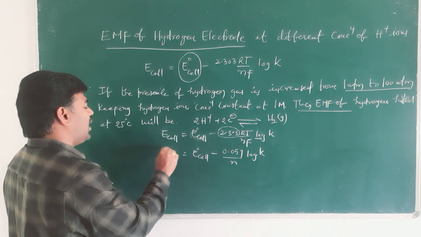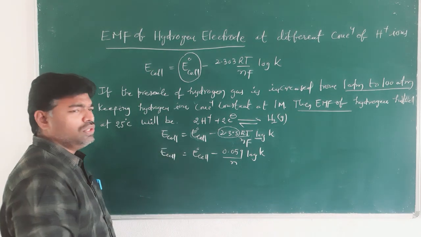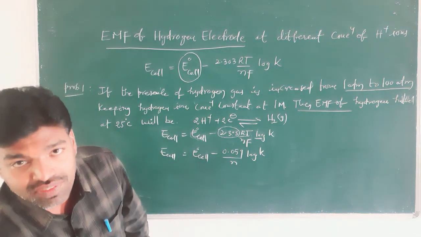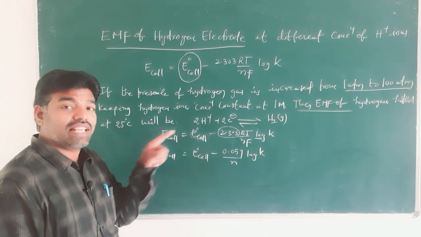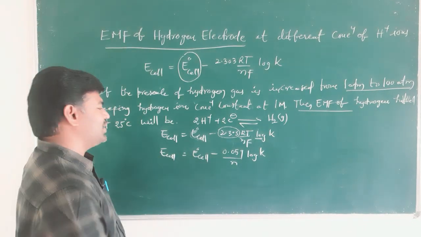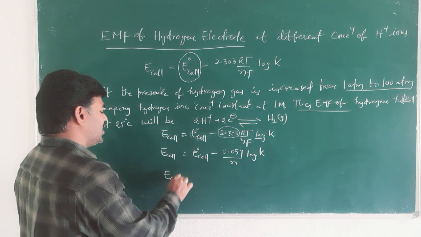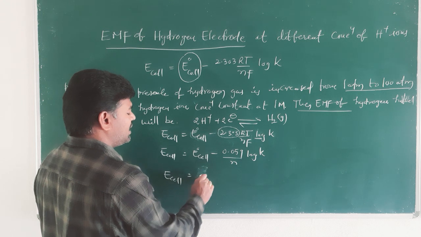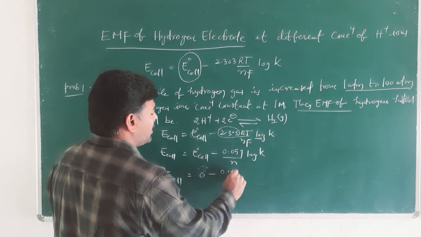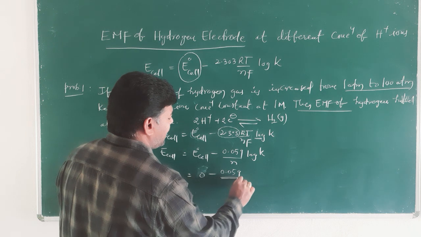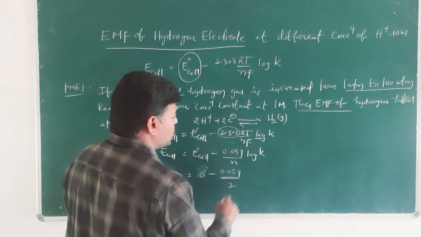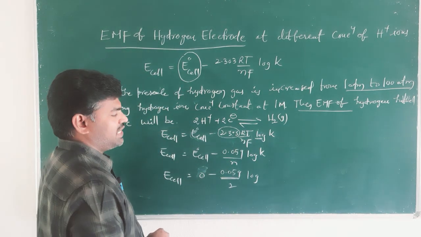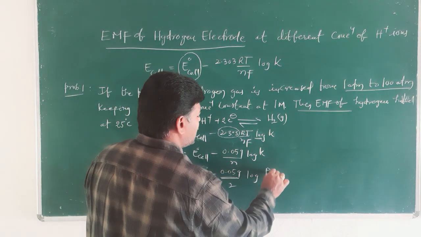Already I told you that the Nernst equation enables us to find the EMF of the cell by taking E naught cell as 0. So, E cell is equal to E naught cell, which is 0, minus 0.059 by n, where the number of electrons transferred is 2, log K, where K is the equilibrium constant. How can we write this equilibrium constant?